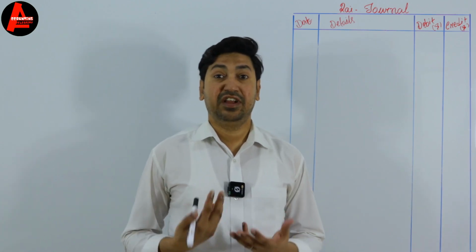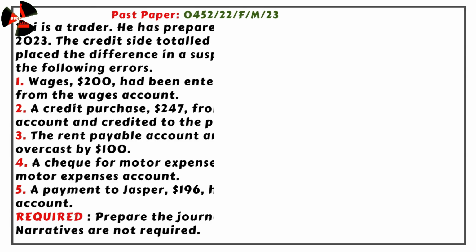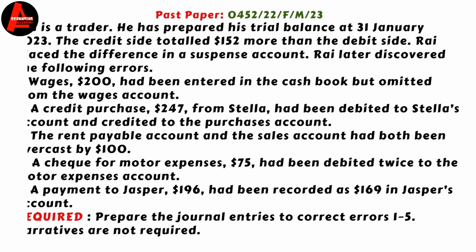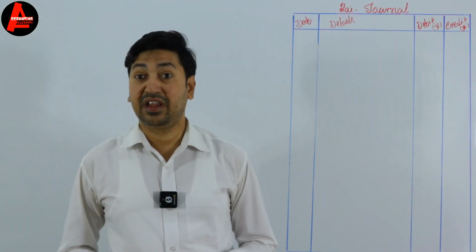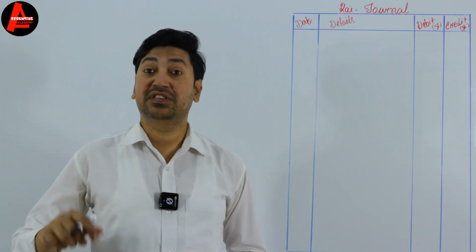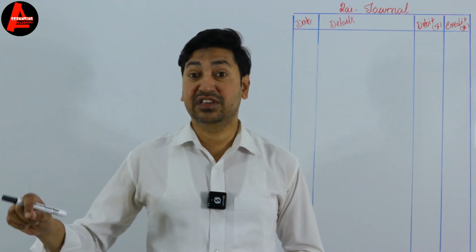Later he discovered some errors. So what is the first one? Number one, wages $200 had been entered in the cash book but omitted from the wages account. So the correct transaction will be wages account to be debited and cash account to be credited. There is no mistake with the credit account, which is cash.